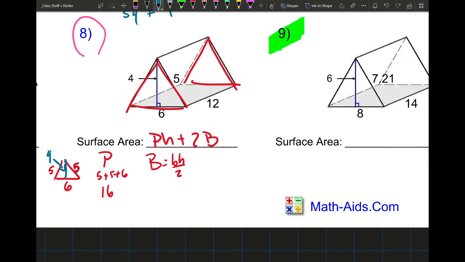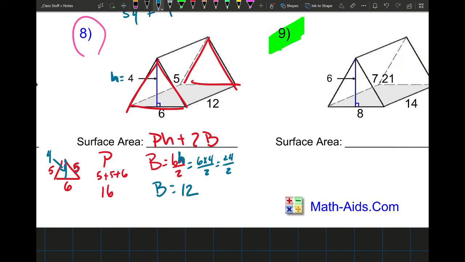Remember, the height of the shape is from the center to the tallest part. So this height is gonna be that one right there, the height of the base. I'm only talking about the base. So this is gonna be 6 times 4 divided by 2, which is 24 divided by 2. So big B is 12.